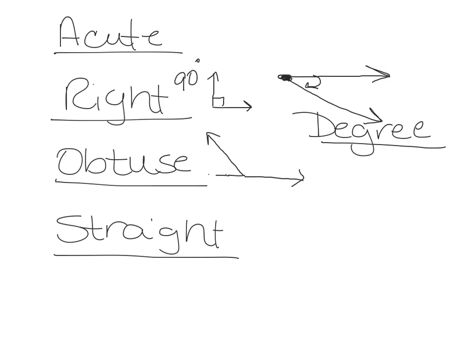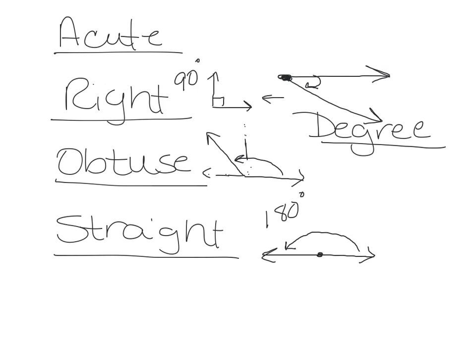So if you could imagine a straight line coming out here, this angle opens up this way, and it's bigger than 90 degrees, so it goes out further than the line that goes straight up and down, the one we just drew here, and so it's more than 90 degrees. That's obtuse. A straight angle is a straight line, and a straight line goes out on both sides, because remember, an angle is two rays put together, so they share that common end point. They open up all the way. See, this one opens up all the way, and its measurement is 180 degrees.